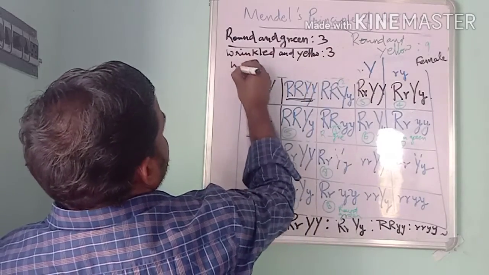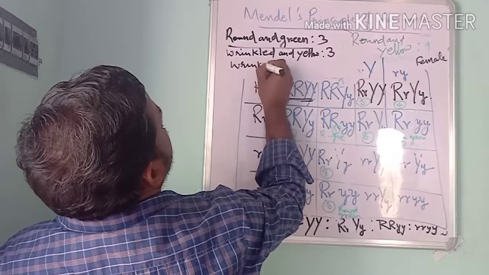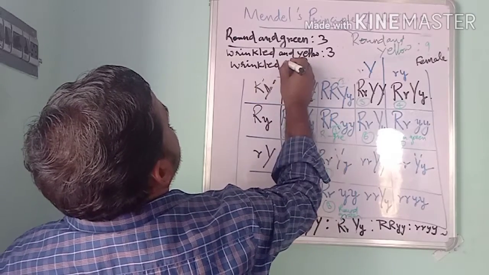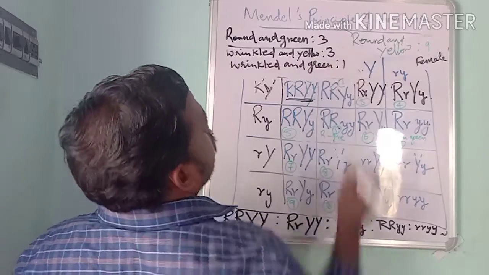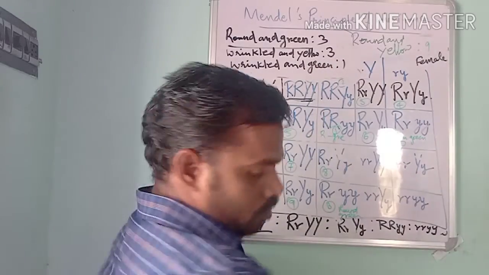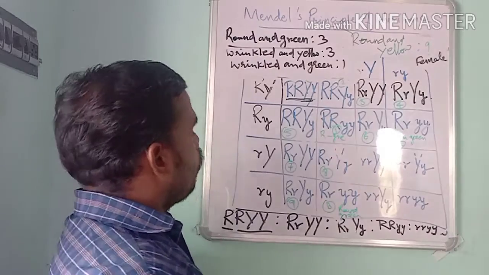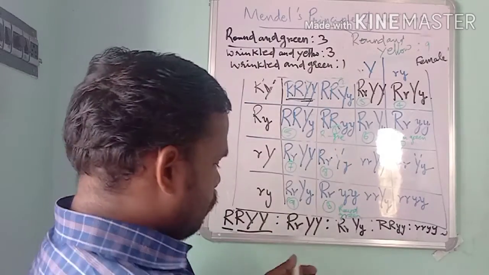Okay. Then wrinkled and green. Wrinkled and green is 1. Okay. So now we are able to get 4 types of plants.